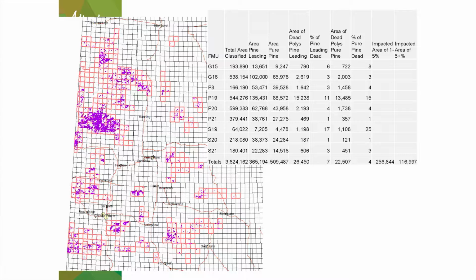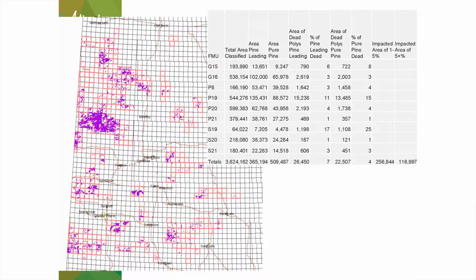When I had a roll up done over the entire area, there's about 27,000 hectares of dead pine. As a percentage, I put some of the most heavily hit FMUs in here. Like P19, we're looking at about 11% of the pine leading stands being dead.